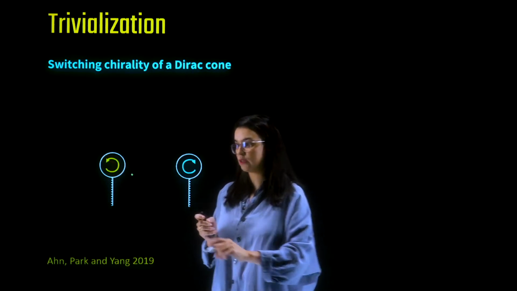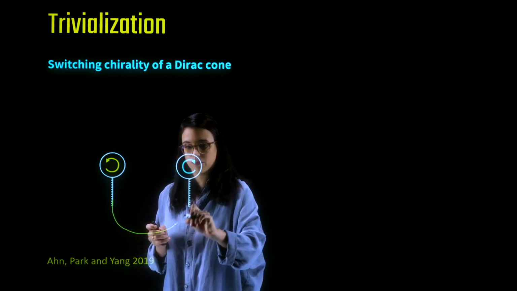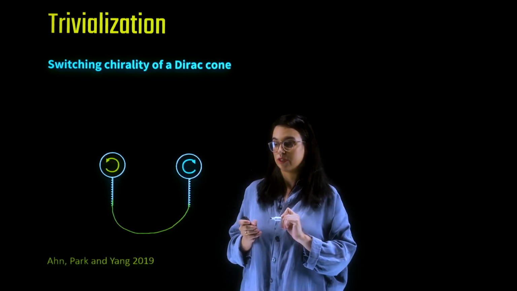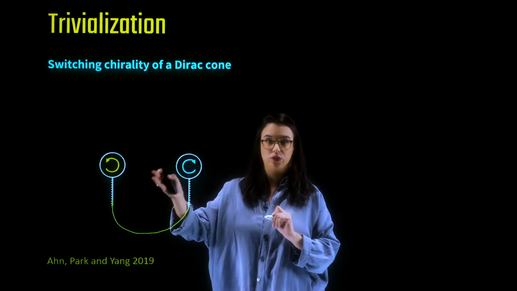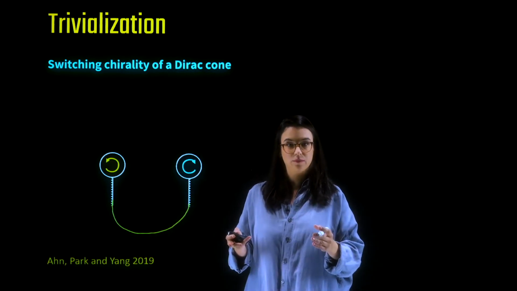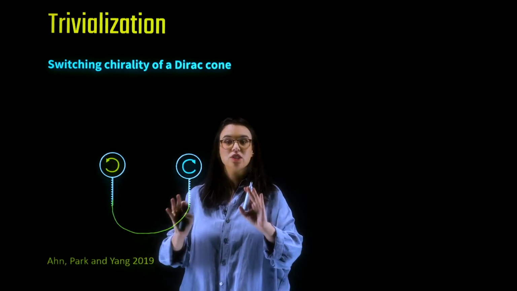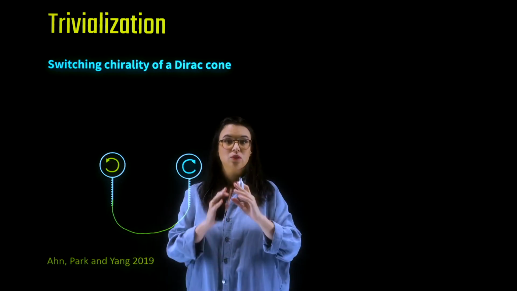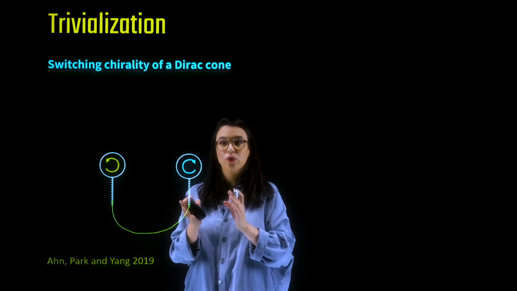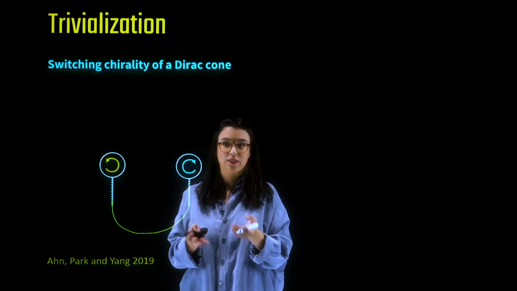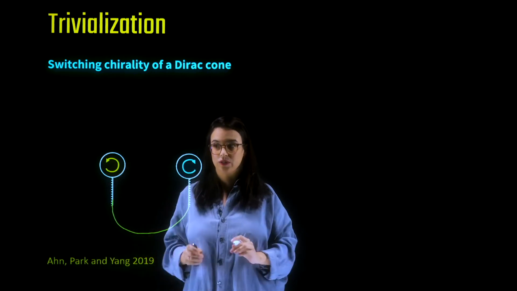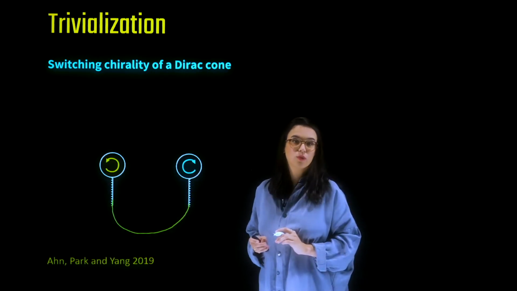So when we do this transformation, now there's no problem whatsoever of closing the Dirac string between the two Dirac points and annihilating them. This means that just by coupling with a trivial third band, we were able to completely trivialize the set of two bands that hosted the two Dirac points that we were interested in.